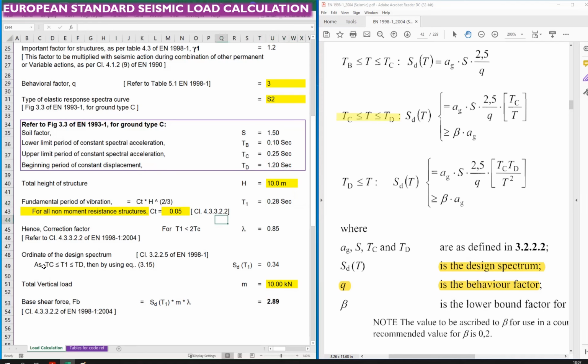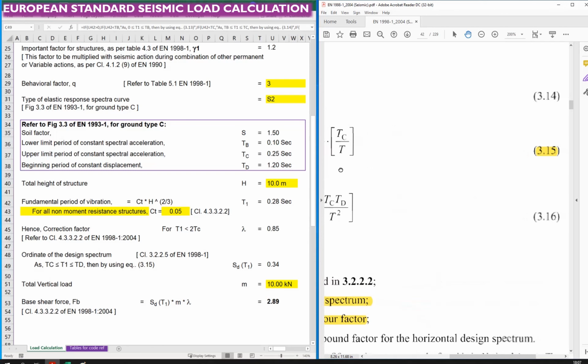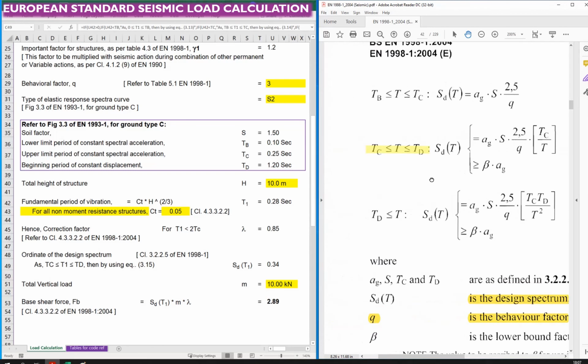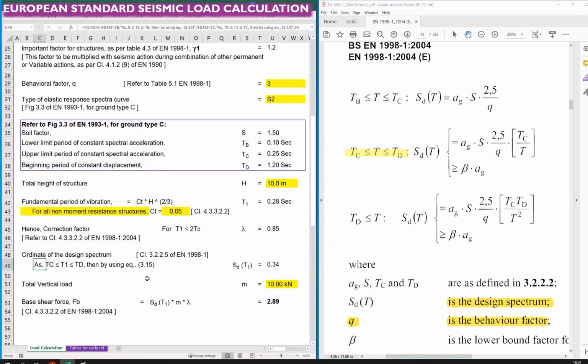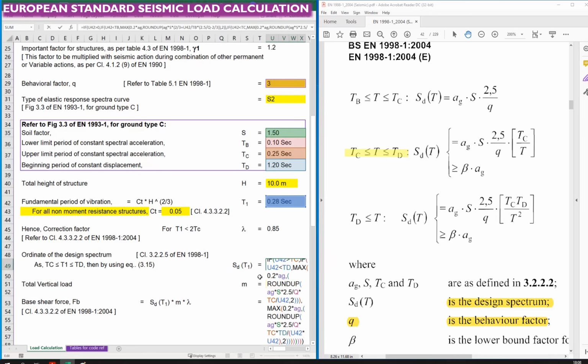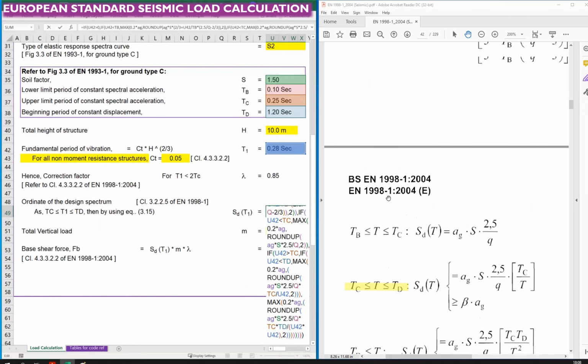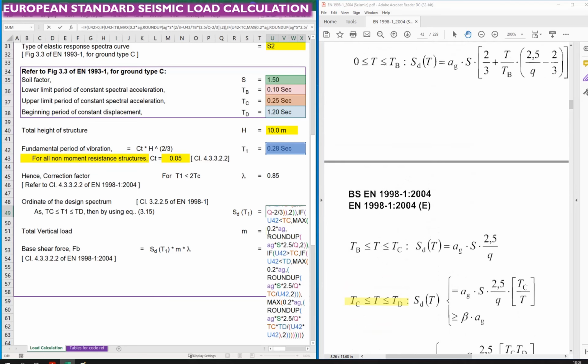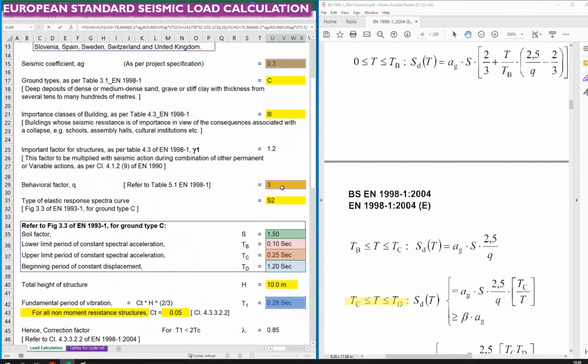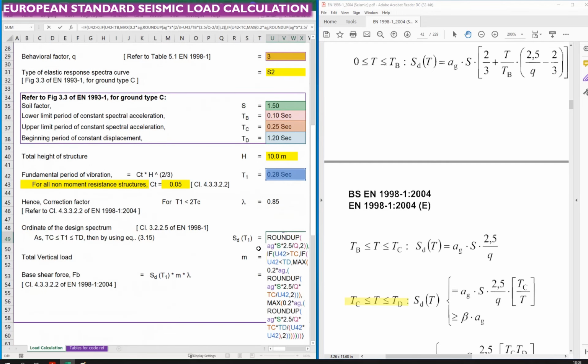So we are considering equation 3.15. Hence the ordinate of the design spectrum is Ag into S into 2.5 divided by q into Tc divided by T. The formula I am using is built in with all four cases, so it will check and extract the required values from the input.